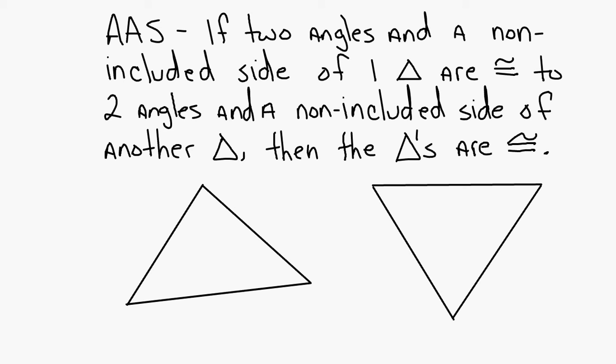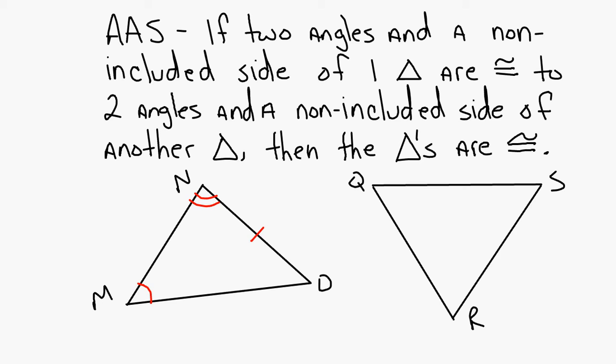So the triangle on the left, we'll call it MNO, and QRS on the right. Now it's going to be an angle, an angle, and a side that's not in between the two angles. It's called a non-included side.